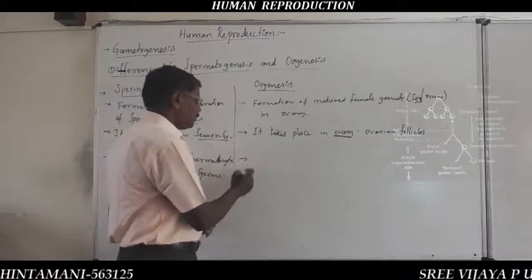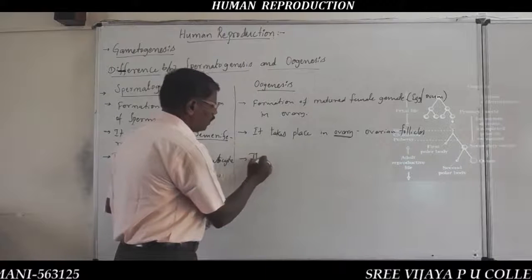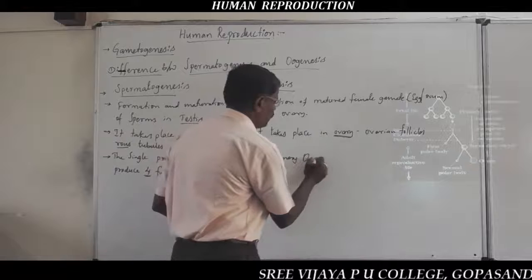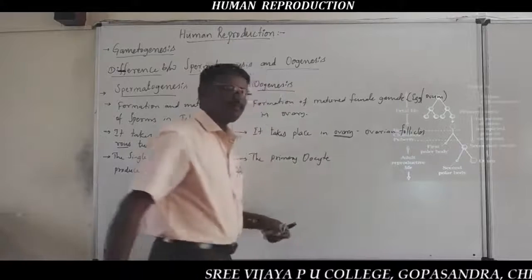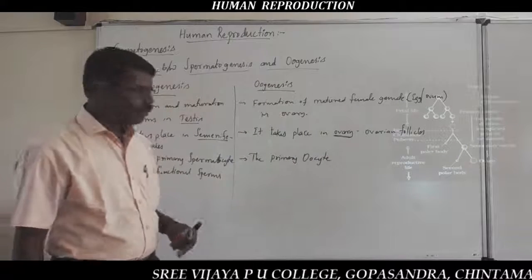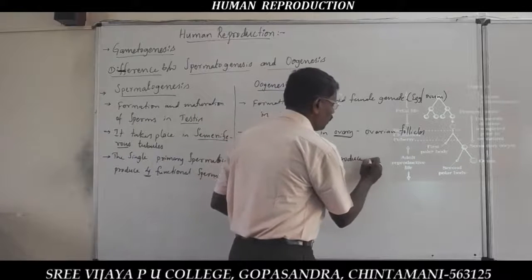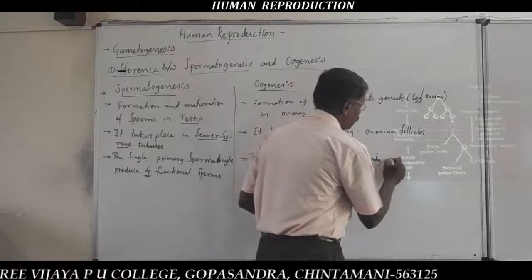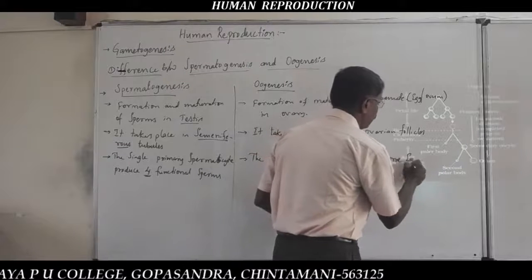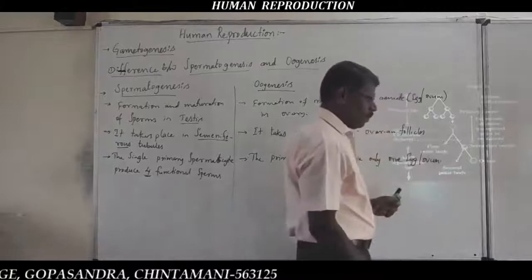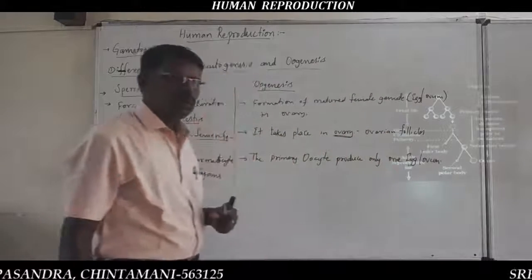But here, the primary oocyte produces only 1 egg or 1 ovum.